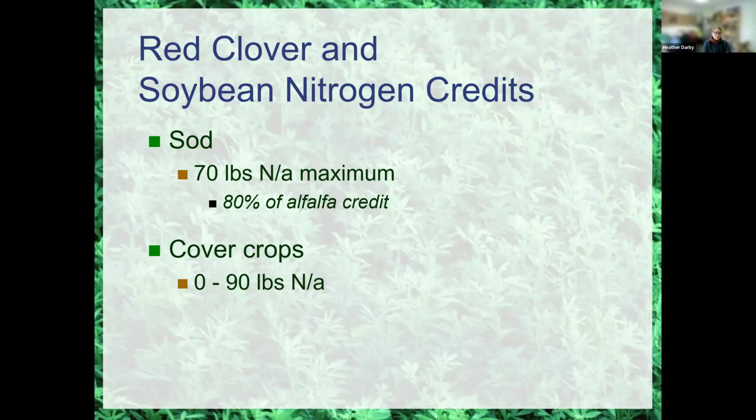So if you have a lot of residual nitrogen, essentially that cover crop, if it grows well, and you have 6 to 8 inches of growth, and then you till that under, you will get some nitrogen credit from that. But again, it's relatively small. It's generally around 25 to 30 pounds.